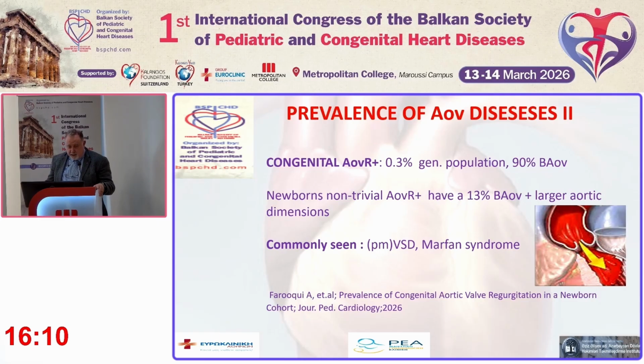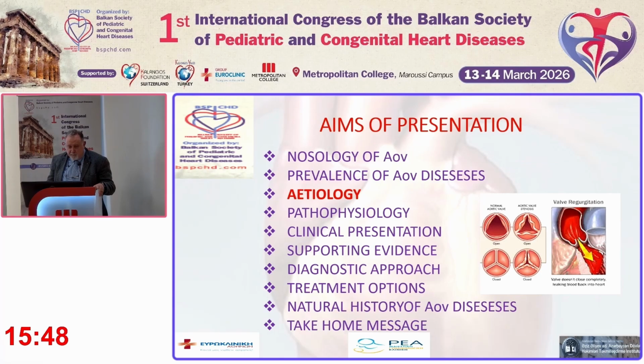Newborns have non-trivial aortic valve regurgitation in up to 13% if they have a bicuspid aortic valve, and also a larger aortic dimension at birth. Commonly, in aortic regurgitation we can see perimembranous VSDs and Marfan syndrome.